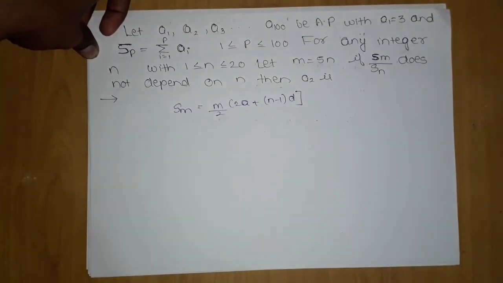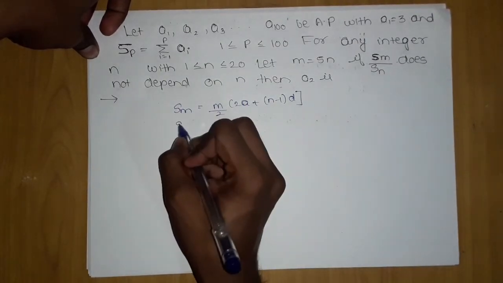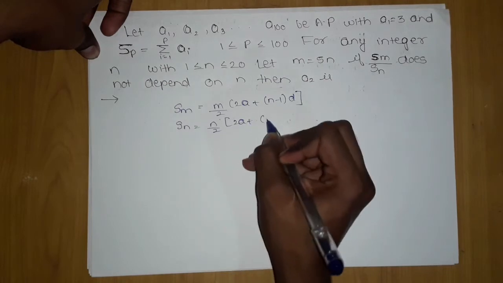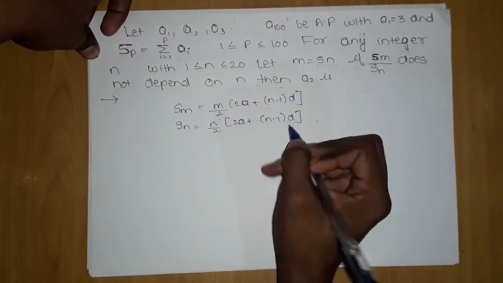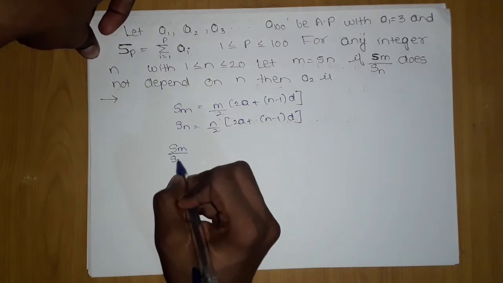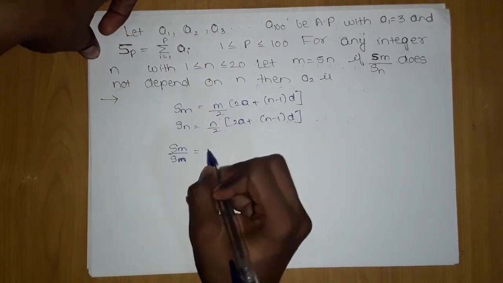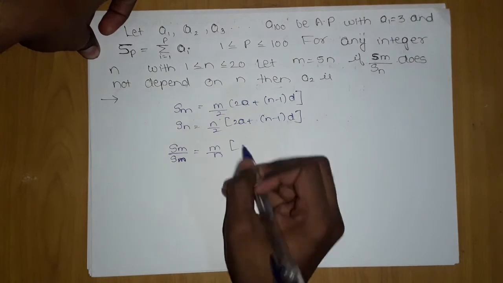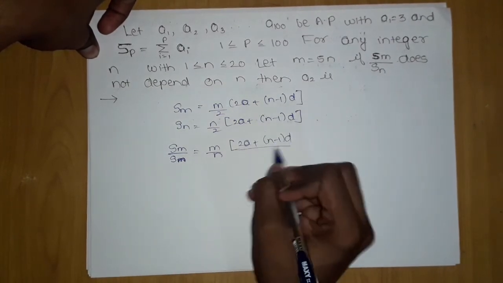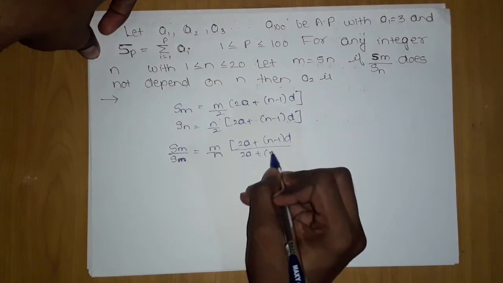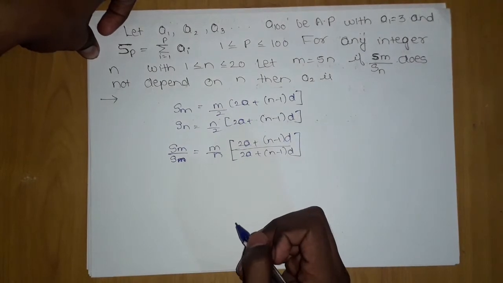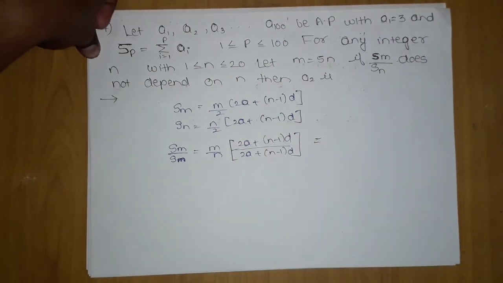Similarly here we have S_n equals n by 2 bracket 2a plus bracket n minus 1 into d. Now if we divide, because they want the ratio, this will be m by n times 2a plus m minus 1 into d upon 2a plus n minus 1 into d.